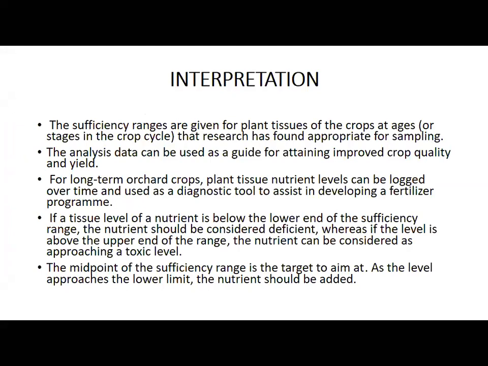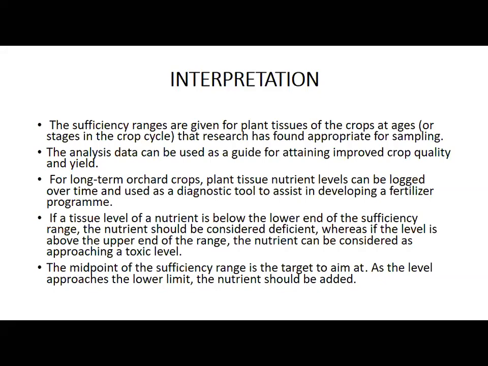The sufficiency ranges are given for crops at particular stages, that is the crop growth stages, that research has found appropriate for sampling. Then there is a particular procedure for undertaking the sampling.